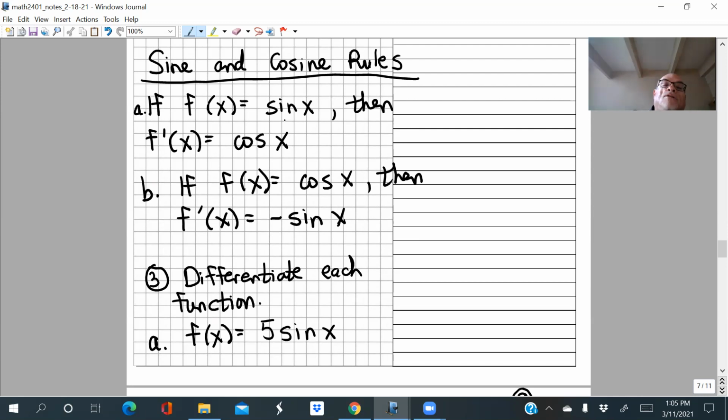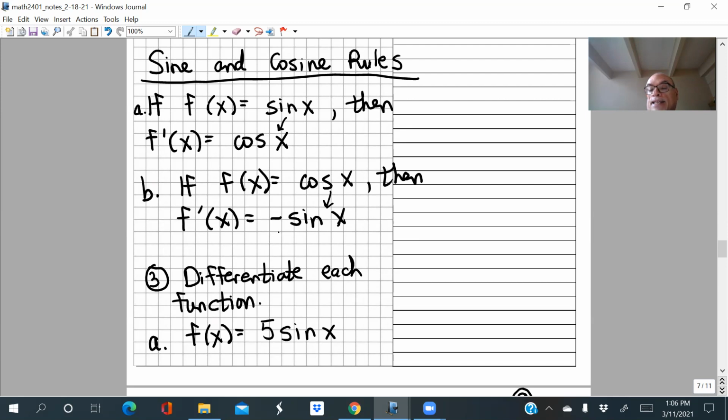So that will be one of your favorite derivative rules because it's so easy to remember. The derivative of sine x is cosine x. And the same is almost true for cosine. The derivative of cosine x, as it turns out, is also sine x, except with one little catch, and this is what you have to recall.